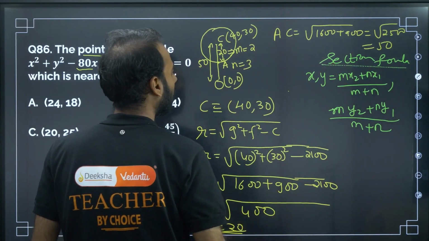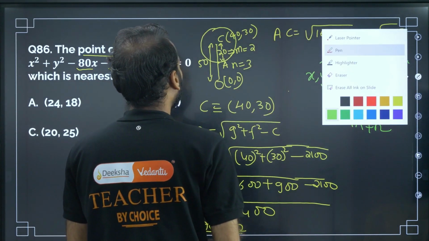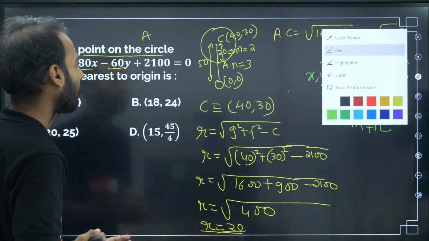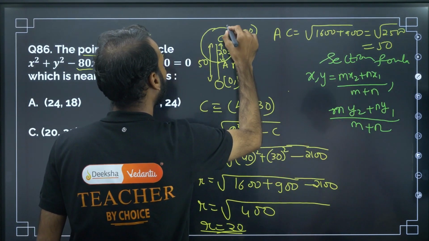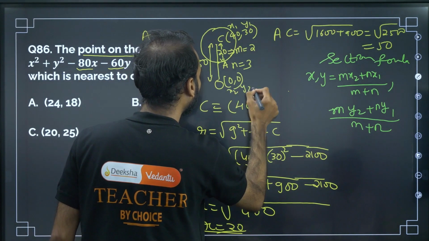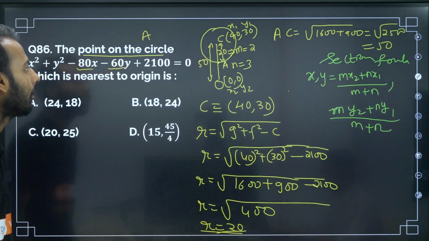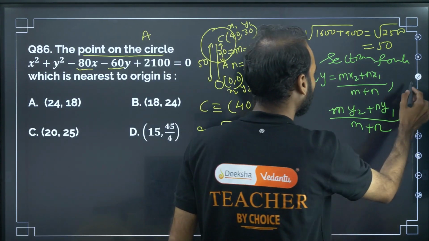Let me mark x1, y1, all those things. Here itself I will mark and I will remove so that it will be easier for me to write the things. So let me write x1 here, y1 here, x2 here, y2 here. In the next page I will write something.